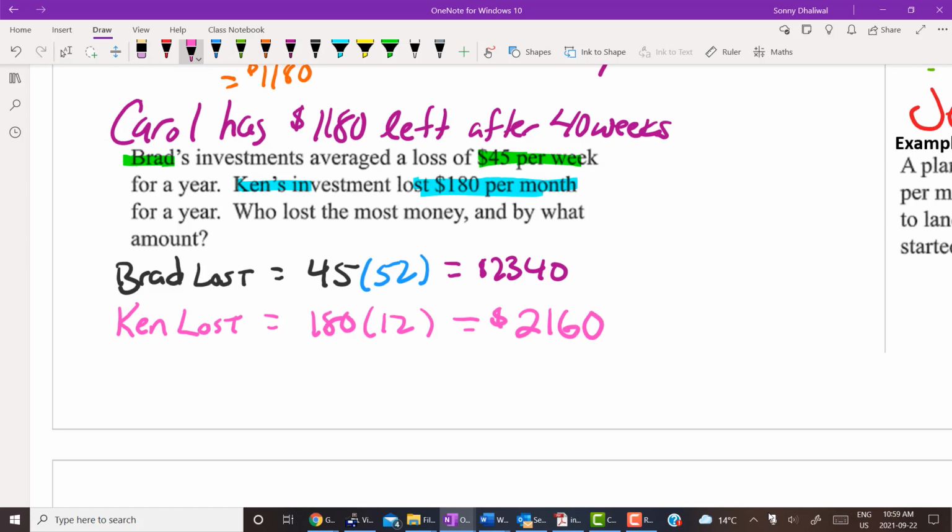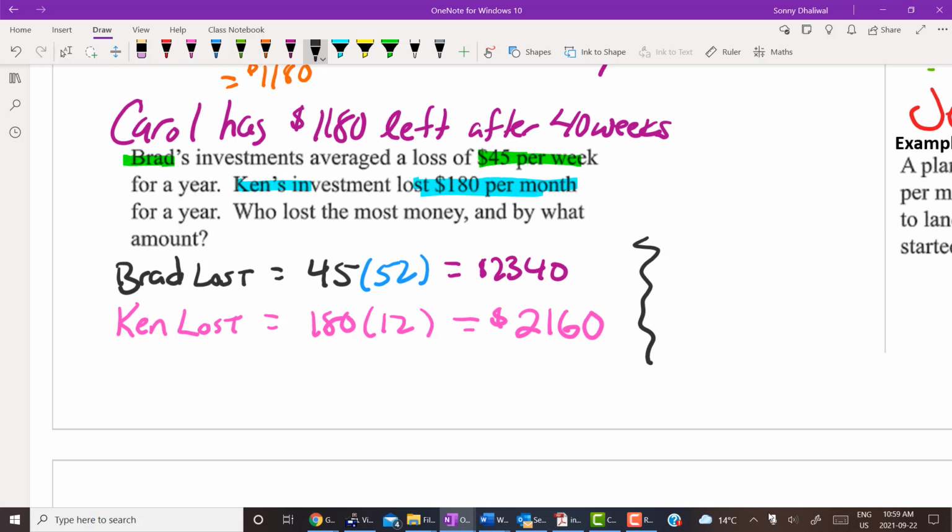So who lost more money? Brad, right? So Brad lost more money. How much more did he lose? Yes, Corbin? 180. And how did you do that? I just minus the bigger one from the smaller one? Yeah. So you just go minus the smaller one from the bigger one to figure out what the difference is.